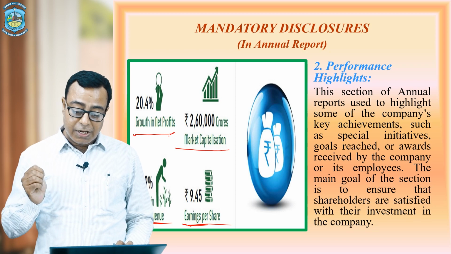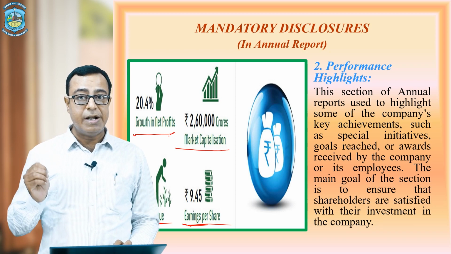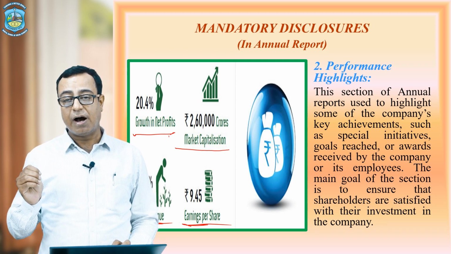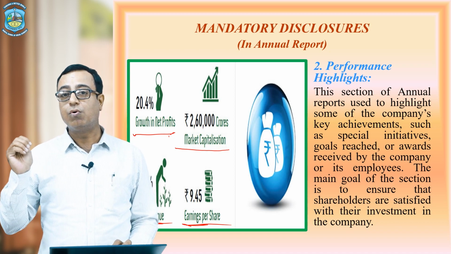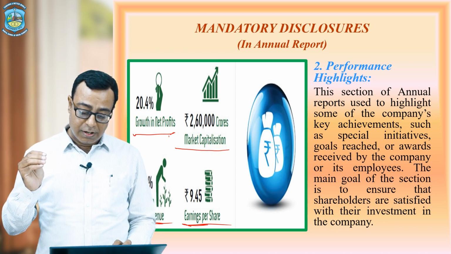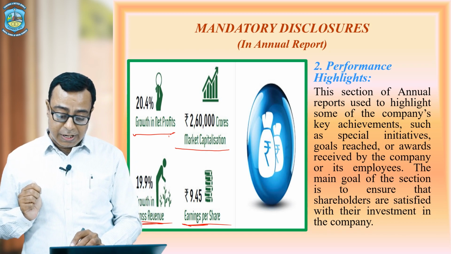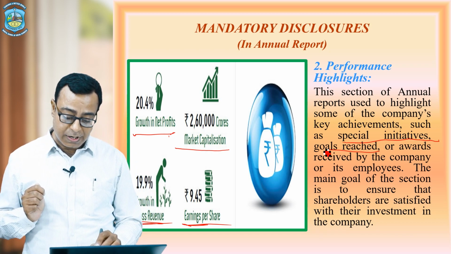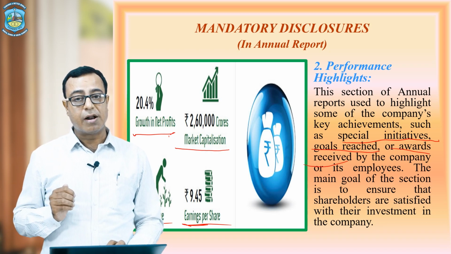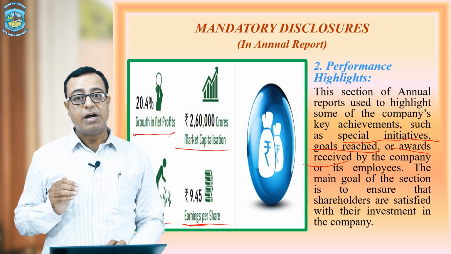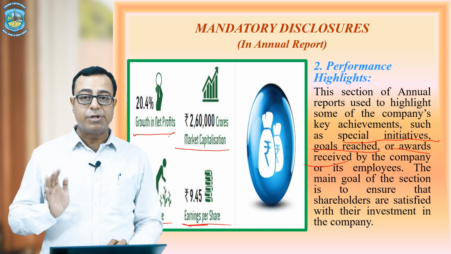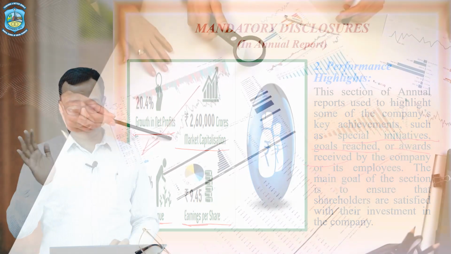So the company gives the main data showing growth of the company in this section. This is also used to show special initiatives, goals reached and awards received by the company. So these are financial highlights under the annual report, second mandatory disclosure.